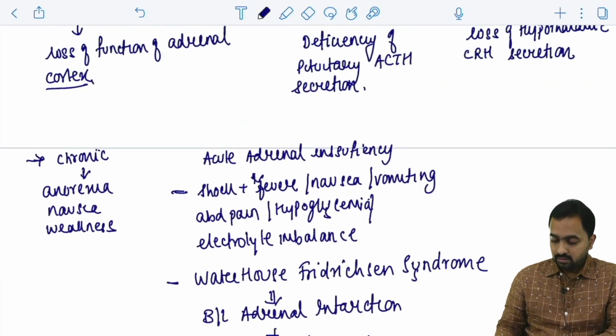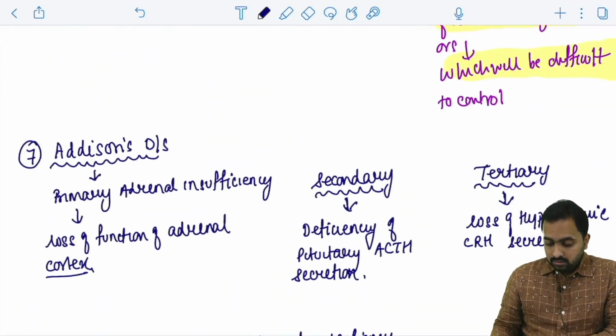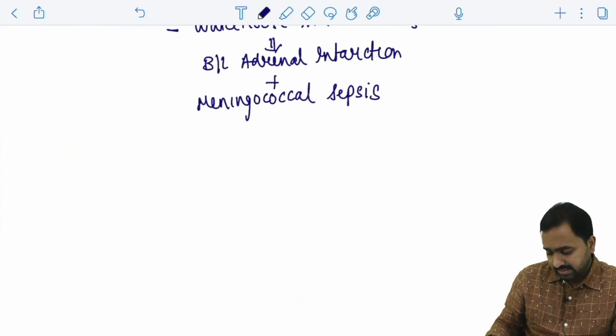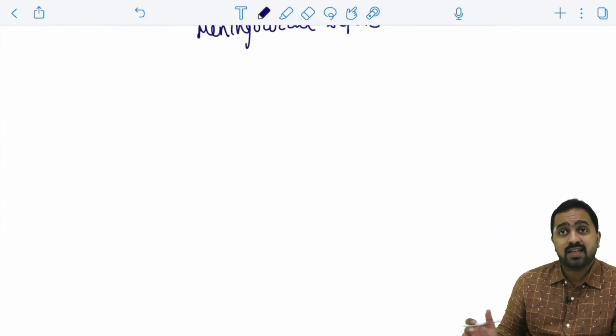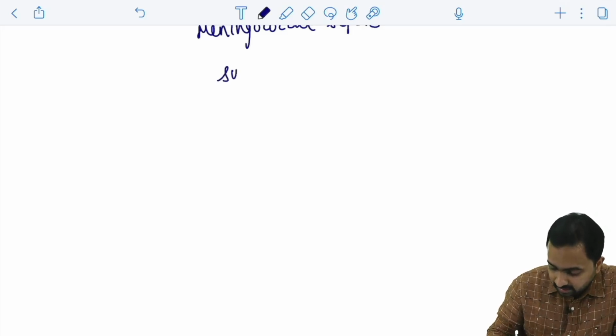Now, in Addison disease, there is another flowchart which has been mentioned in Sabiston. So I would like to discuss that with you.